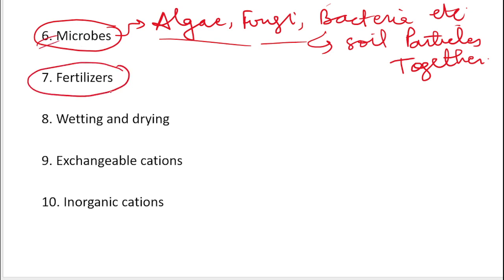Fertilizers. High use of fertilizers has a bad effect on soil structure, such as high use of sodium nitrate.